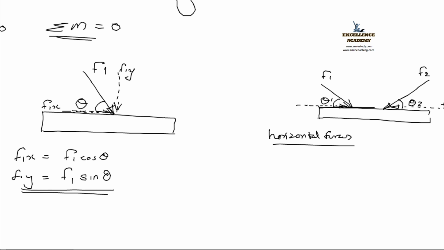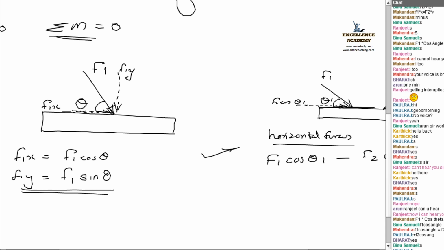Both are in opposite directions. So F1 cos theta 1 minus F2 cos theta 2 is equal to 0, according to the law of equilibrium. This is how you have to resolve the horizontal force.